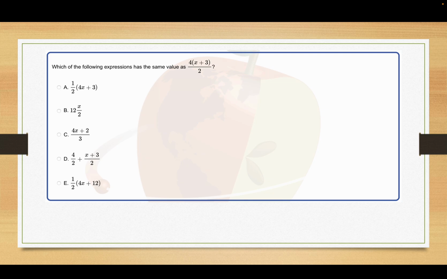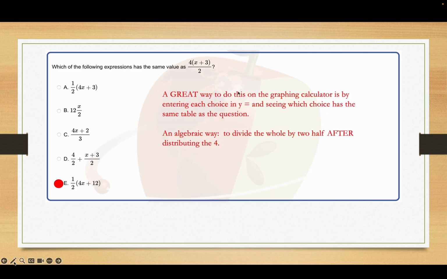Okay, so what I realize is that the correct answer is going to be E, because a great way to do this on the graphing calculator is by entering each choice. So if you have access to a graphing calculator on the test, and I hear that some sections do, you can go into y equals and you can put the question's expression and then each of these choices one at a time.